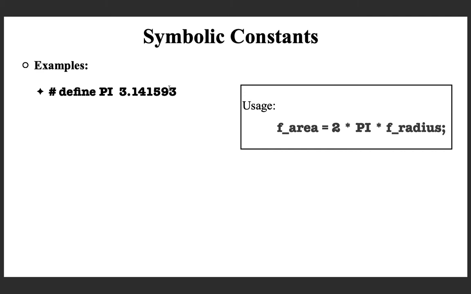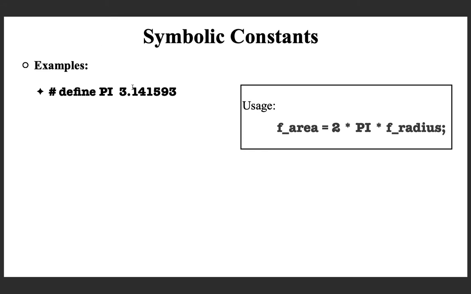Suppose you don't know the value of pi, you are guessing, but I don't remember exactly what it is. And suppose that in your program there are, say, 75 different places in which you are making use of the value pi.